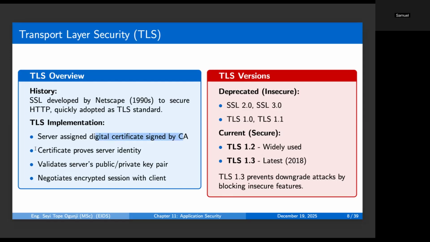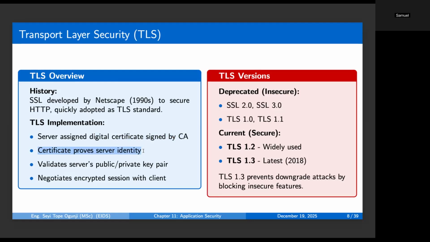The second thing is the certificate proves server identity. So the certificate proves the website is who it says it is. If I'm accessing the abc.com website, my computer and the website have a communication, and through TLS, the certificate of that website will be confirmed, to be sure that it is actually abc.com, what it has claimed to be.